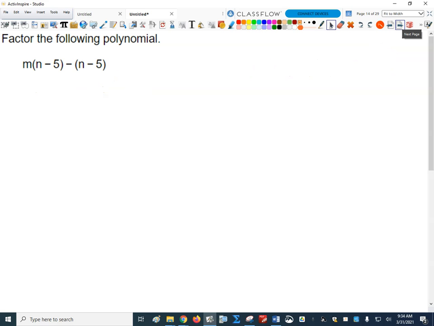Okay, this is a tricky one. This will make you think a little bit. What about this one? Okay, now I got a question for you here. Keeping in mind that factors are things that are multiplied together and terms are things that are added or subtracted to each other, if I look at this expression on a global level, just looking from the outside in, how many terms are there? How many things are being added or subtracted?